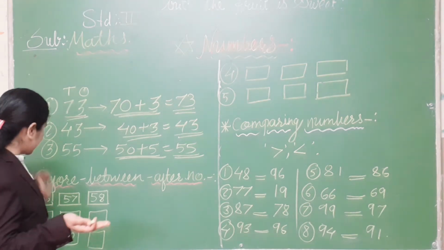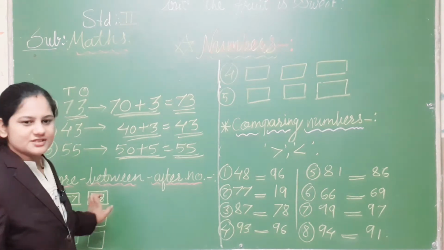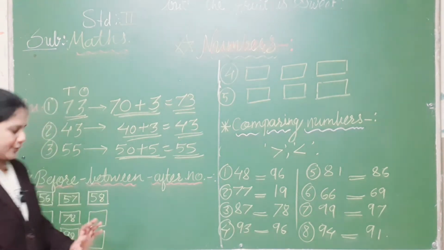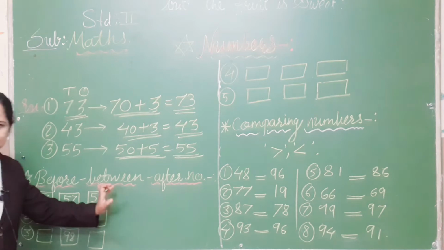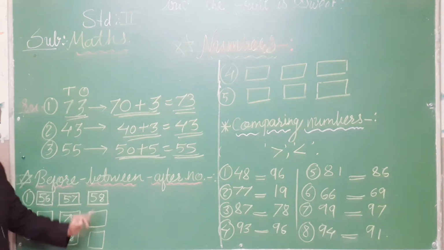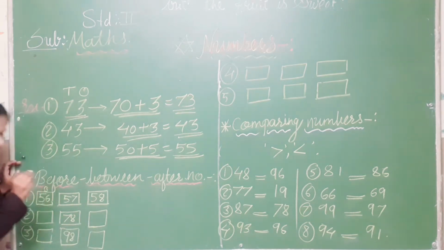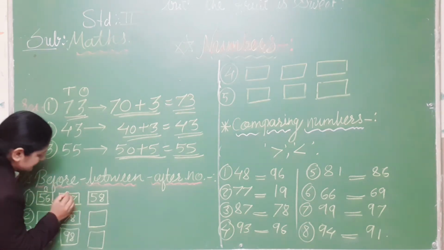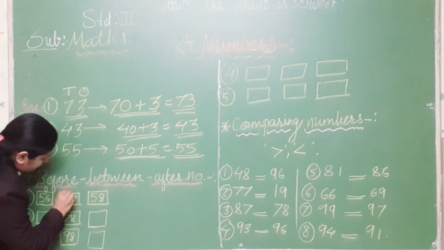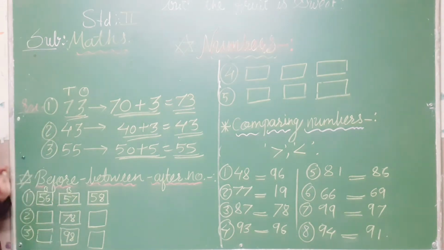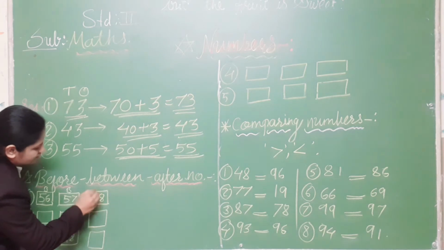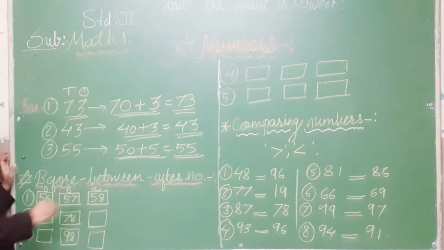Okay students, that is 56, 57 and 58. See these three numbers, 56, 57 and 58. In these three numbers, 56 is called the before number. Okay, 57 is called the between number.